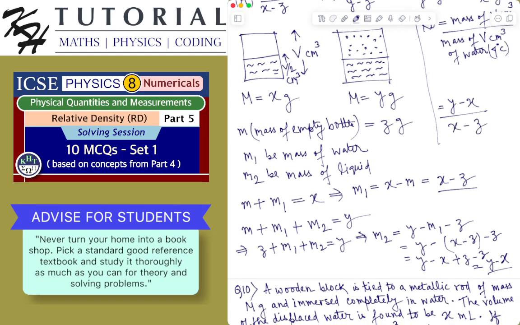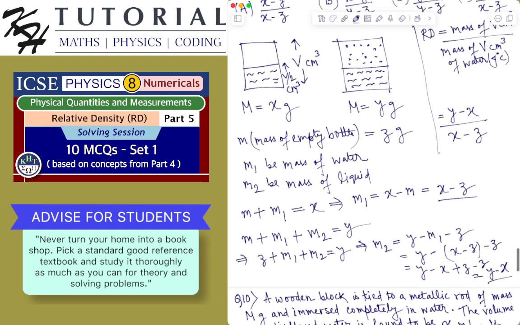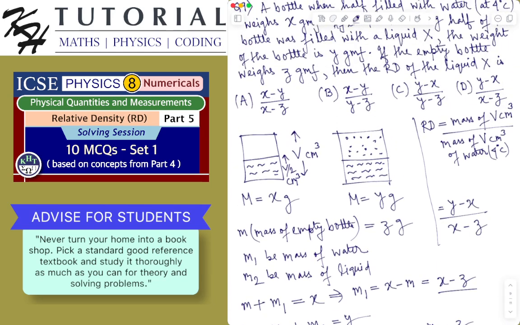So y minus x divided by x minus z is the relative density of the liquid. So the answer is choice D.